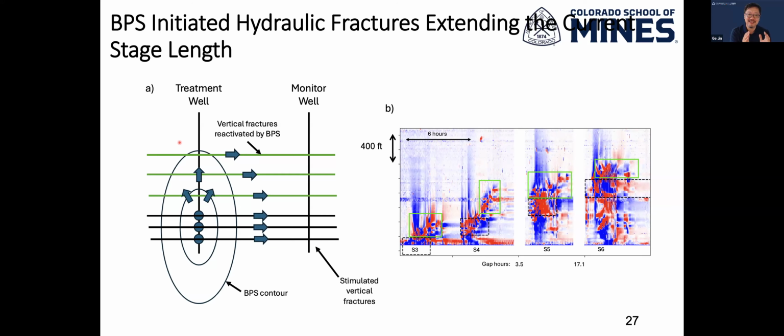Let's start with the early stage. Remember, one of the puzzles of the early stage is that when we're fracking only 200 feet at the wellbore, we actually see a fracture hit zone over 400 or 600 feet. The reason is that as you start shearing this bedding plane, shear deformation by itself is a permeability-enhancing motion.